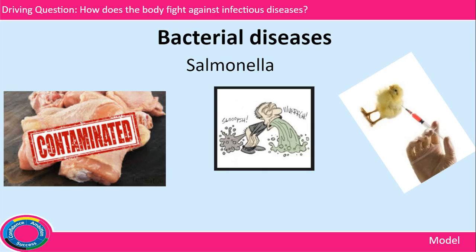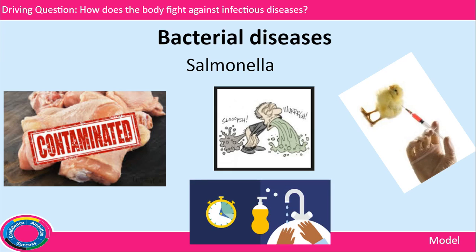To control the spread of salmonella in the UK, chickens are vaccinated to prevent the spread of this bacterial disease. It's also important that good hygiene is practiced, for example, hand washing after handling meat and ensuring that meat is prepared in clean conditions.